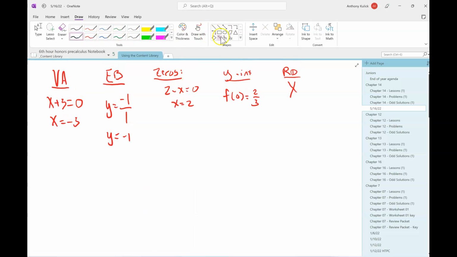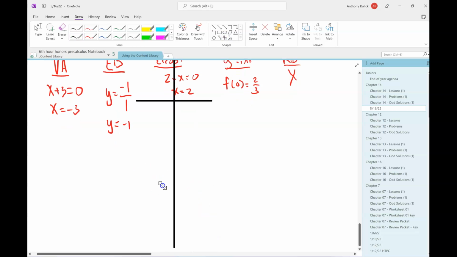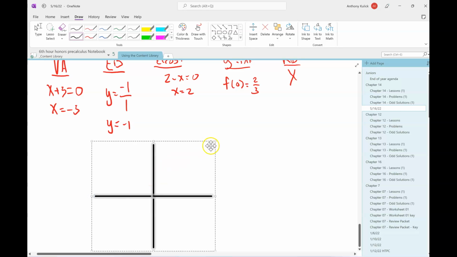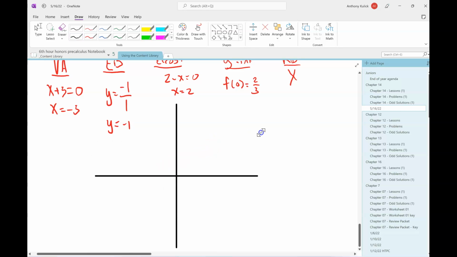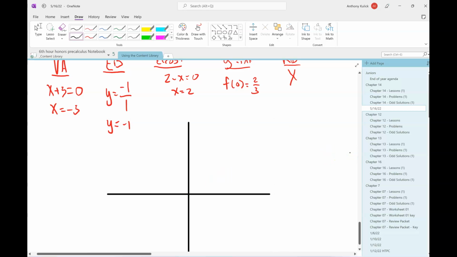I don't know, guys. And why is it giving me the dumbest looking graph ever? I think basically it just wants to fight. Bring it on, OneNote. I'll take you. All right.